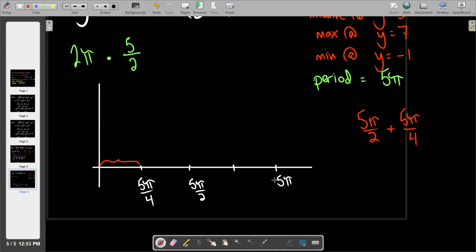Okay? And then, of course, now we go back to like 5th grade. What do we have to do when we add fractions together? Common denominator. Sound familiar? So this is actually 10 pi over 4 plus 5 pi over 4, which officially makes this now 15 pi over 4.